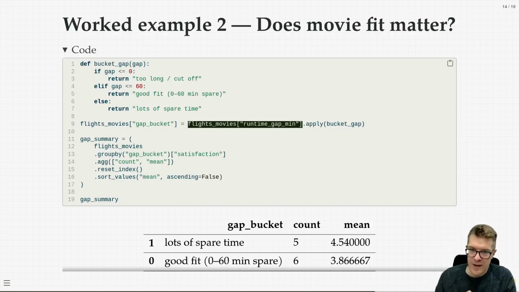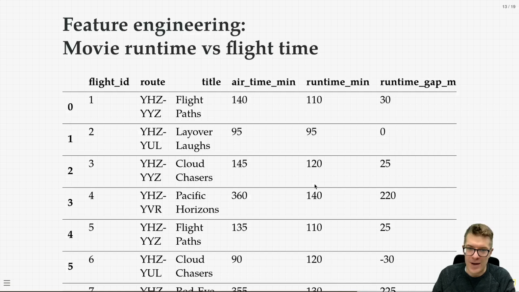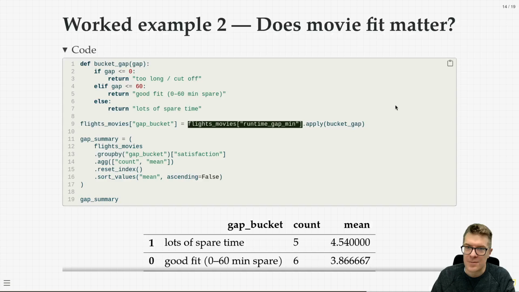You take the first number in that list. I'm not sure what that is at the moment, but actually I'll go back. It would be 30. So take that number and pass it to the function bucket gap, and you hop into this function. Now gap is equal to 30. I go to line 2: is gap less than or equal to 0?